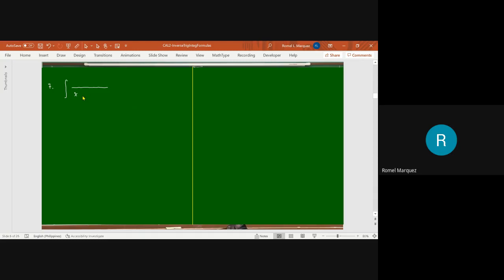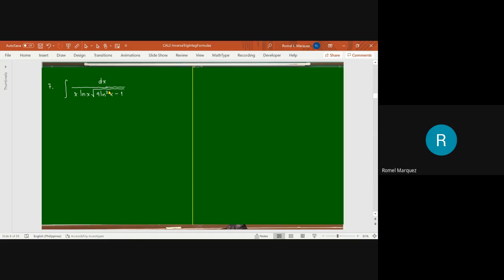Then, we have square root of, oh, I'm missing something. ln x here, square root of 4 ln squared x minus 1 dx. Okay, guys? Now, there is a function outside, and inside the radical, we begin with function squared.